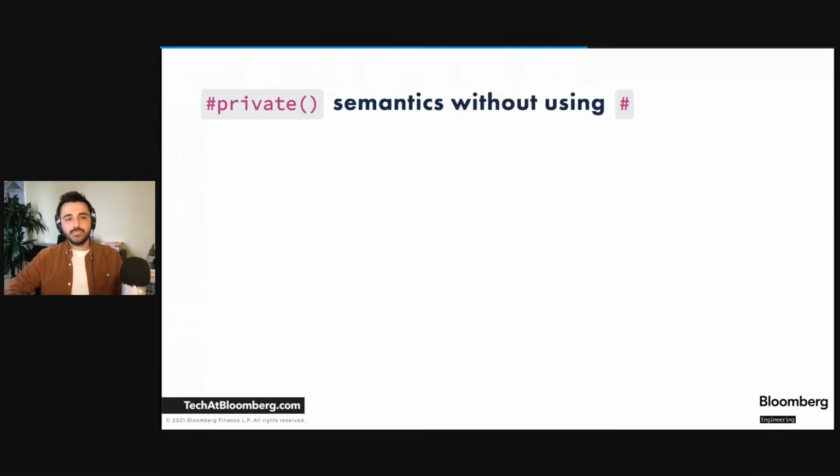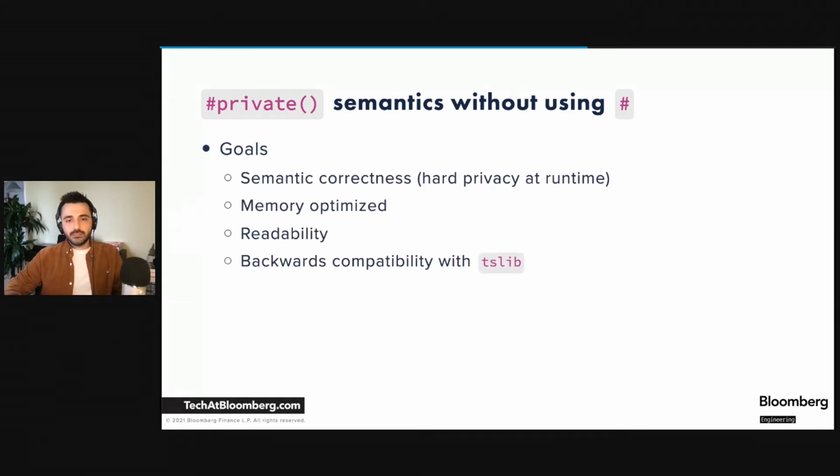So to support this, we need to implement hash private semantics without using the hash symbol, because that's not valid syntax in the older versions of the language. In doing so, we definitely aim for semantic correctness. So we would like to achieve hard privacy at runtime. We want the generated code to be optimized in terms of memory because this is going to be production code.